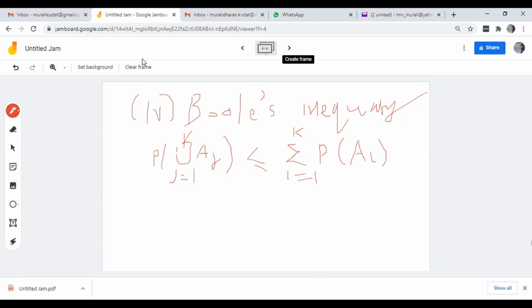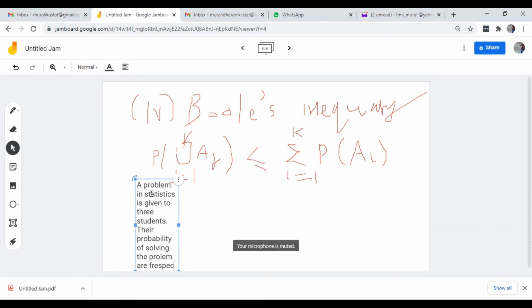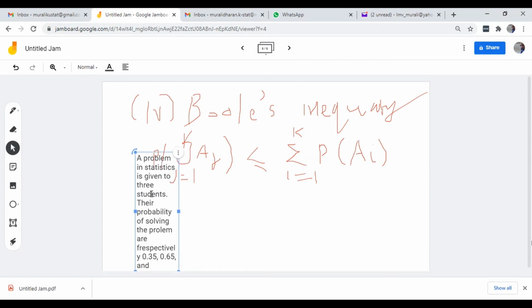Quickly write down a question now, then we will go further. A problem in statistics is given to 3 students. Their probabilities of solving the problem are respectively 0.35, 0.65 and 0.50.